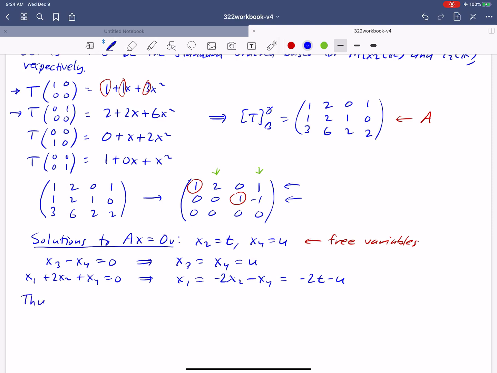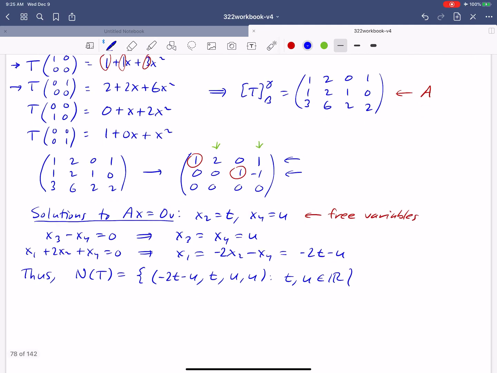Okay, and so we can now write down what our null space looks like. It's going to be the set of x1 is negative 2t minus u, x2 is t, and so on down the line here. Okay, so we're going to get that.